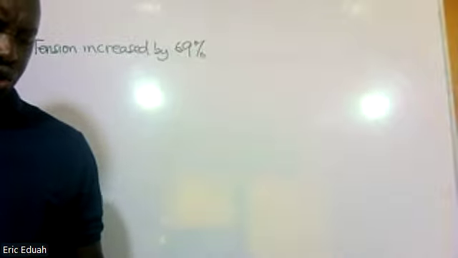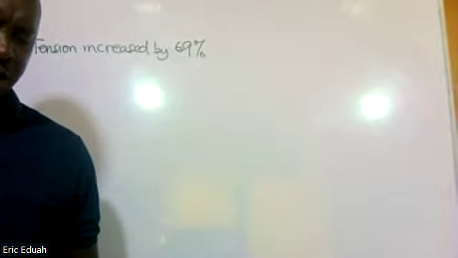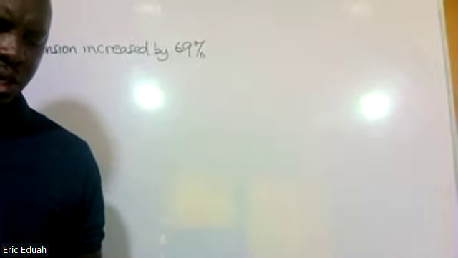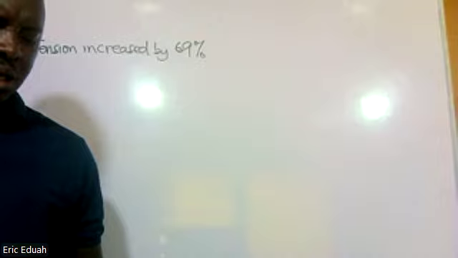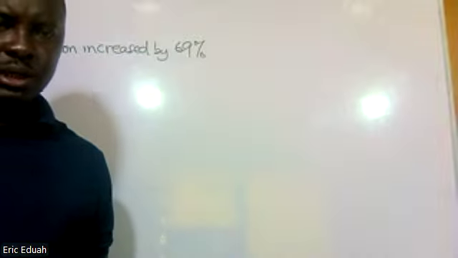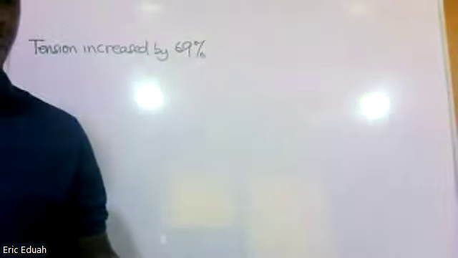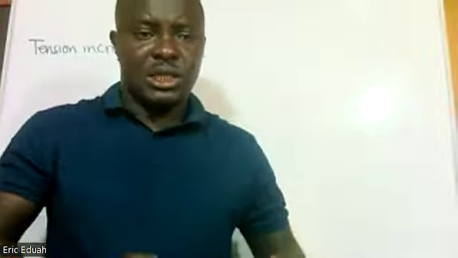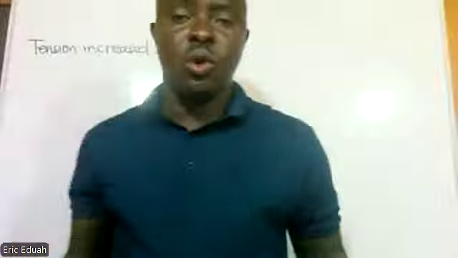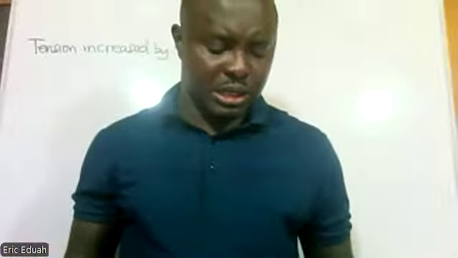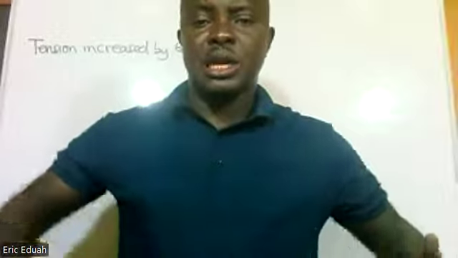In order to keep its frequency of vibration constant, its length must be increased by what? So the same string, the tension within is changed by this amount. Now, in order to have equal frequencies, how should the length change?